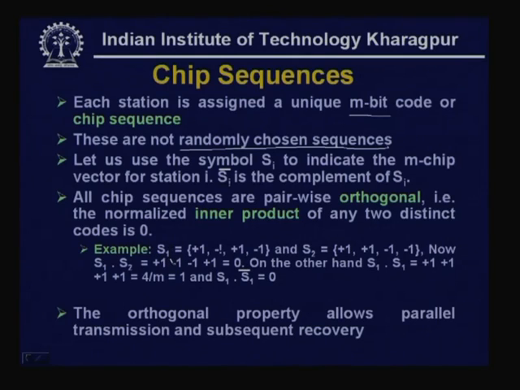So, for example, the code S1 is +1 -1 +1 -1, and S2 is +1 +1 -1 -1. If you take the inner product of these two, that means you multiply +1 with +1, you get +1, then +1 with -1, you get -1, then -1 with +1 you get -1, then -1 and -1 if you multiply you get +1.